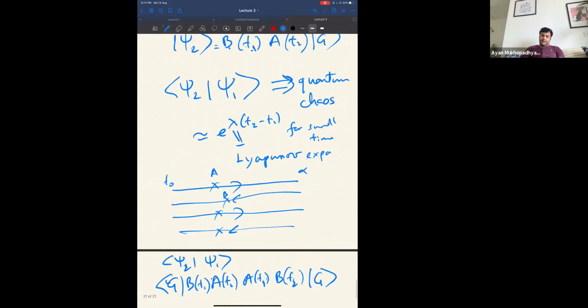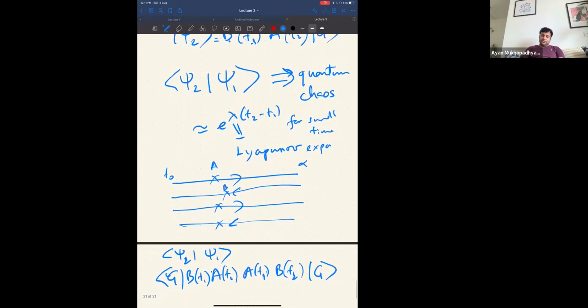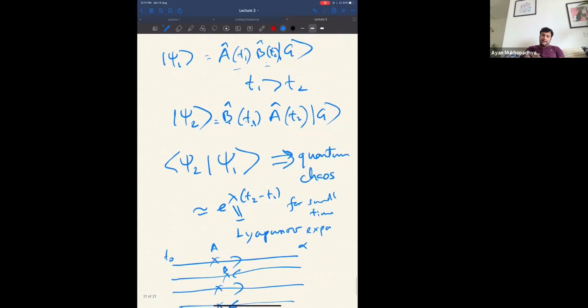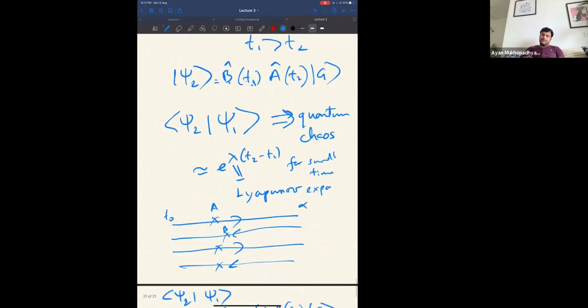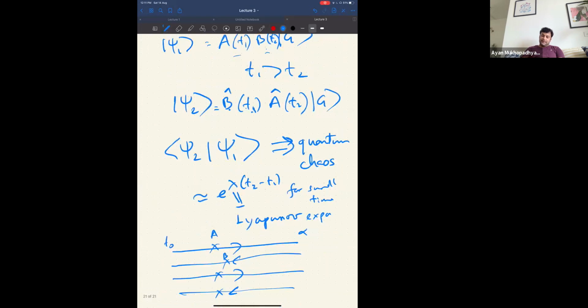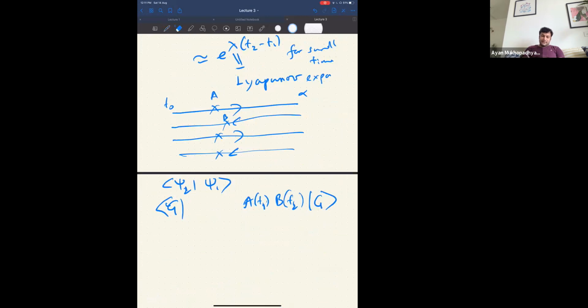If I see it correctly, have I written it correctly? No, I haven't. So this is AB, which is correct, psi1. And if I take the dagger of this, it will become AB again. So then this should be, sorry, AT2, BT1. Because you see that you have this AT2, BT1, AT1, BT2. You have this funny kind of ordering.